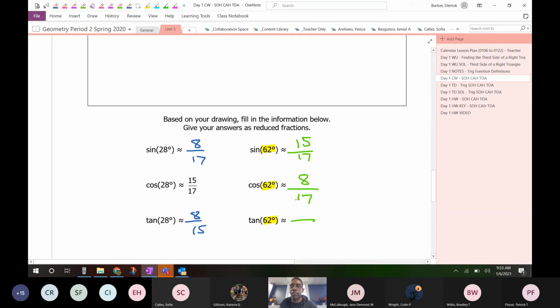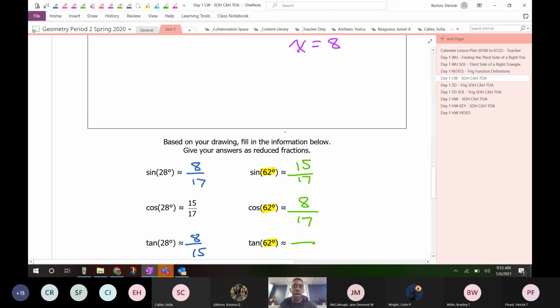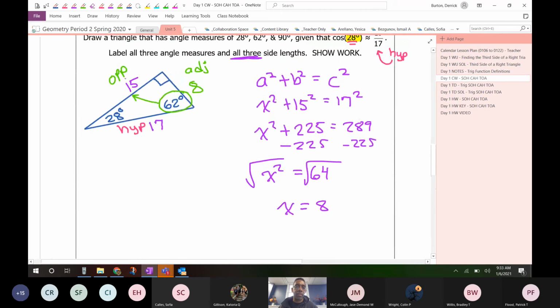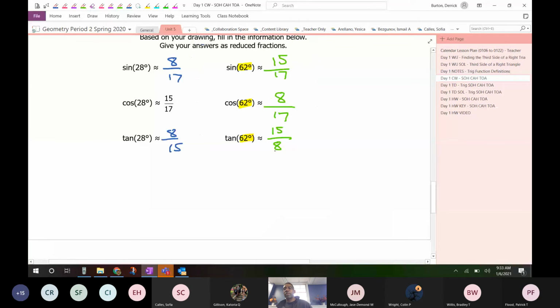And finally, tangent of 62, and tangent is opposite over adjacent. Opposite over adjacent, 15 over 8. Okay, that is how that works. And that's actually the end of the classwork.